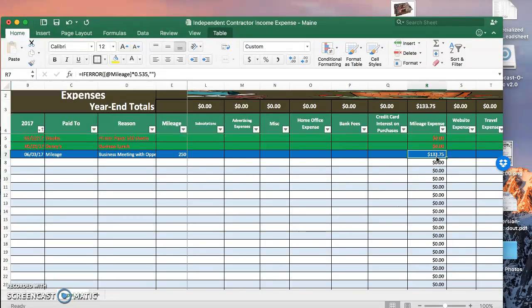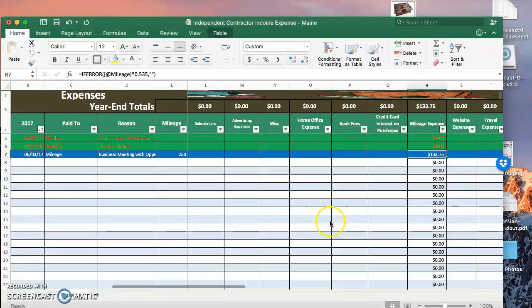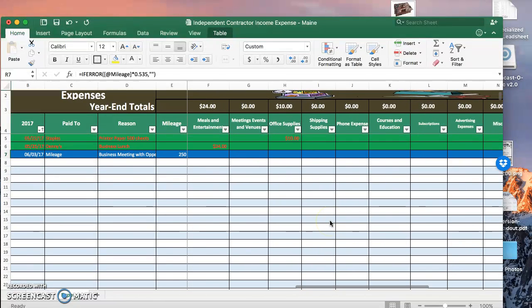So, just that one trip down and back, you're already saving yourself, again, you're getting $133.75 taking off of your earnings right off the bat. So now your taxable income just went from 230 something to $112.25.